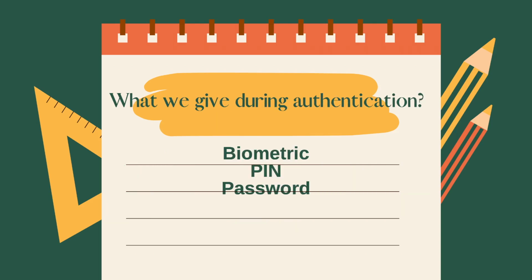Now, what do we give during authentication: biometric, PIN or password? The right answer to this question is password. One more question was there. We are aware of something we have and something we know. This is what we use in two-factor authentication. We take into account something we have and something we know, and a combination of such factors helps make a site more secure.